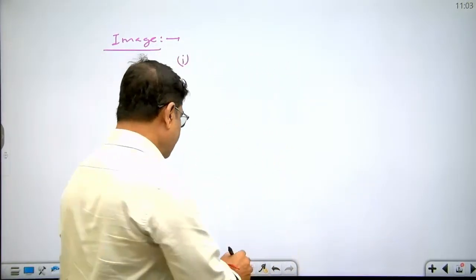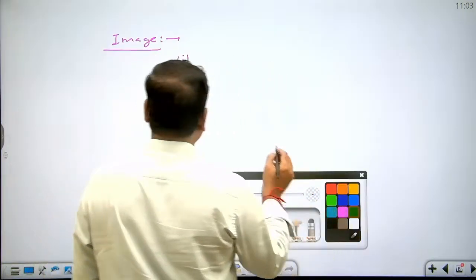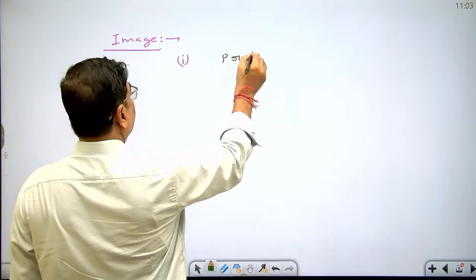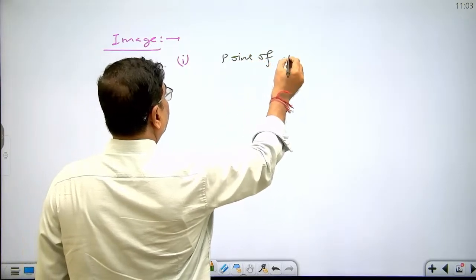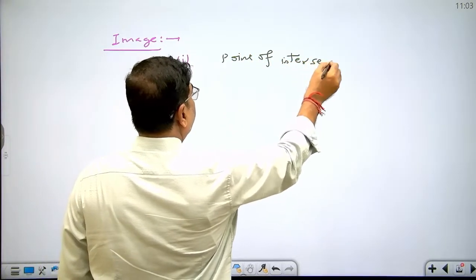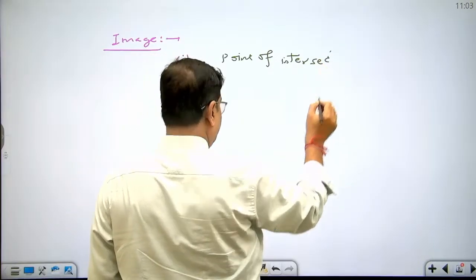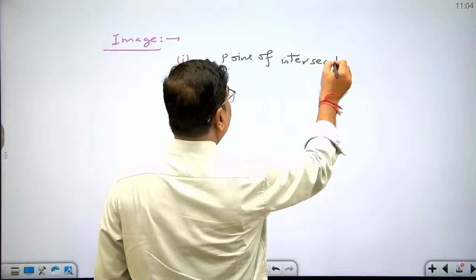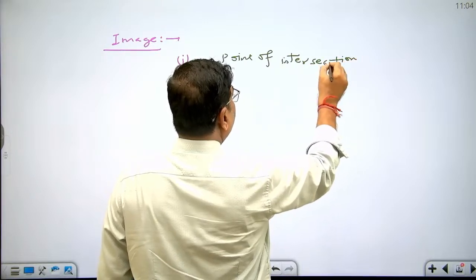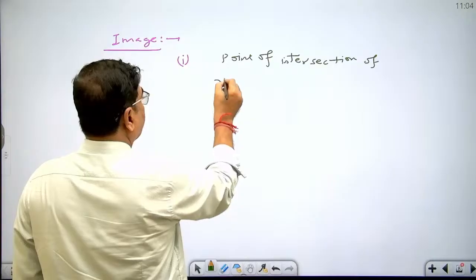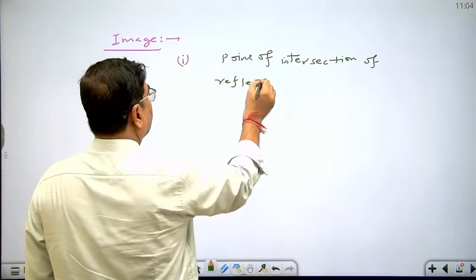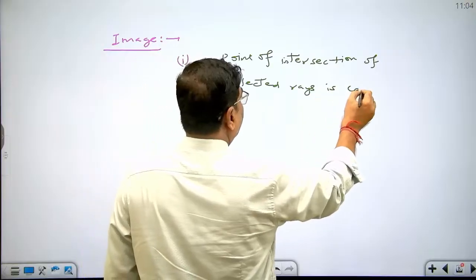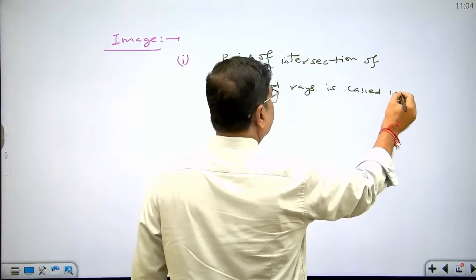First we will study reflection, so we are talking for reflection. Point of intersection of reflected rays is called image.